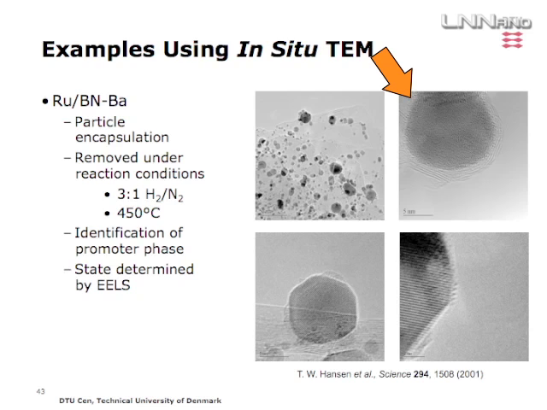So we said, okay, let's expose it to the reaction conditions that we have in an ammonia synthesis reactor. It's about 3-to-1 hydrogen-nitrogen at about 450 degrees C. And all of a sudden we saw that this layer around the surface disappeared and all of the surfaces became nicely visible. Furthermore, we identified these structures here on the surfaces of the active metals, which we believed to be the promoter phase sitting on the surface.